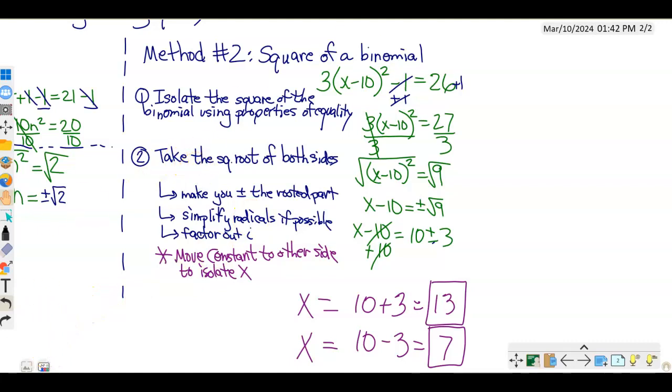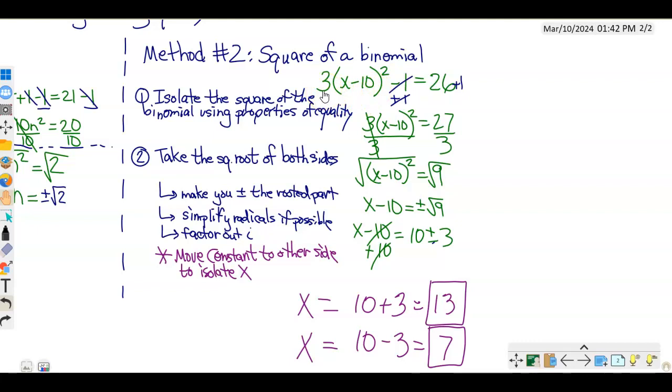In this particular equation, you can see that I've got my square of a binomial, my squared binomial has another term. It's got a constant term, minus 1 right next to it, and then it is also being multiplied by the constant 3.